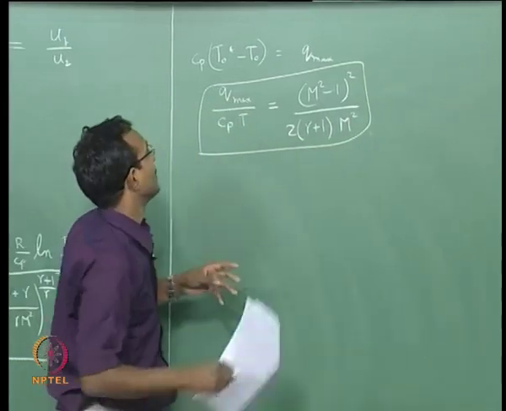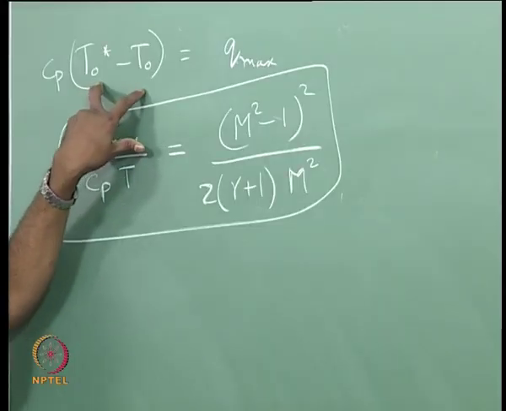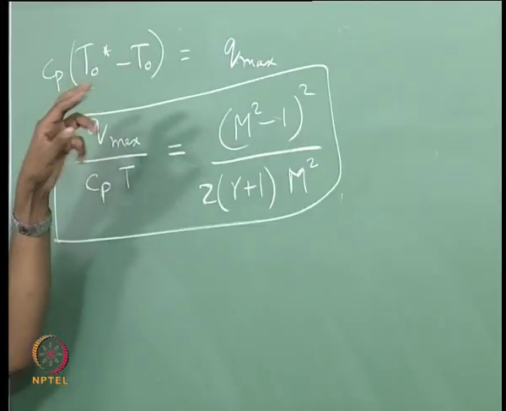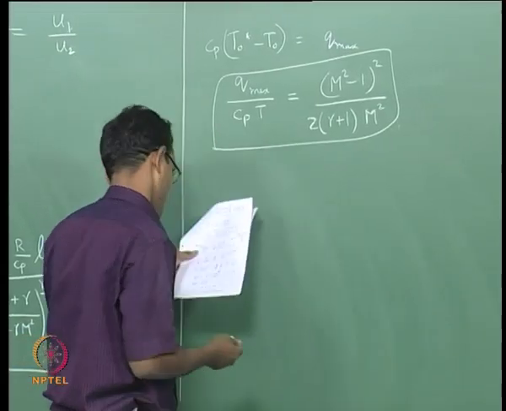Of course, it is very simple to derive, so I did not do it. We already have an expression for T naught star by T naught. Okay, and from there you can get T naught by T multiplied with that, and you will get to this relation. Not very difficult to derive, I just did not do it.